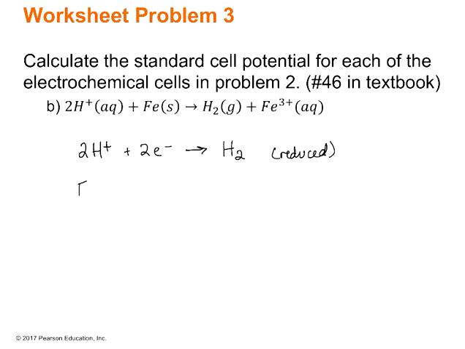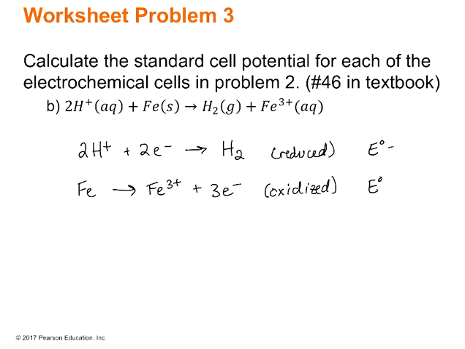And then we said that iron was oxidized, so it lost electrons. So again, you'll notice the electrons here don't balance out, but that's okay because remember, even if we multiply these reactions by a factor in order to get the electrons to match so we can cancel them, we still don't change the potential value. The potential value stays the same.